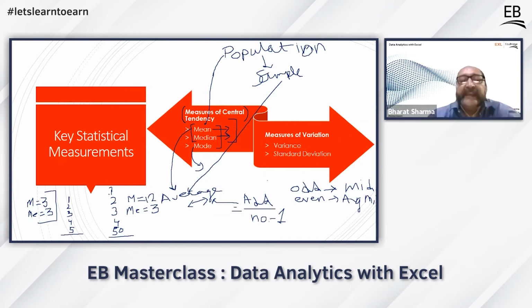Now in the first example, whether you take mean or median, it will not make a difference. But let's look at this data set. If I take mean as my central tendency, would it give me the correct measurement?